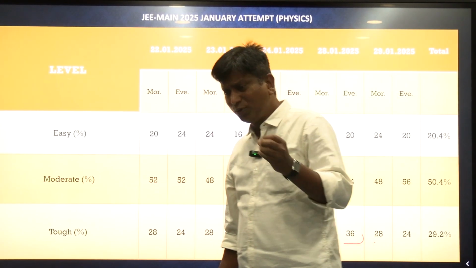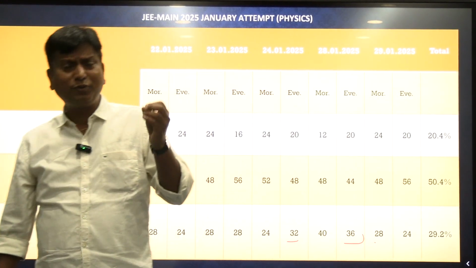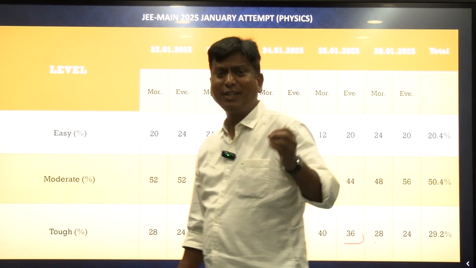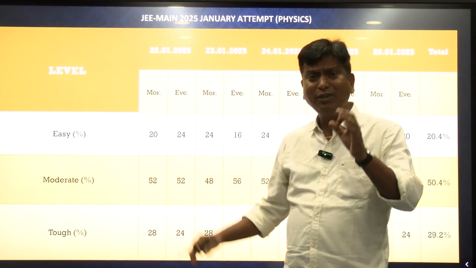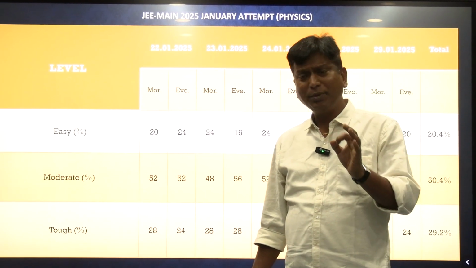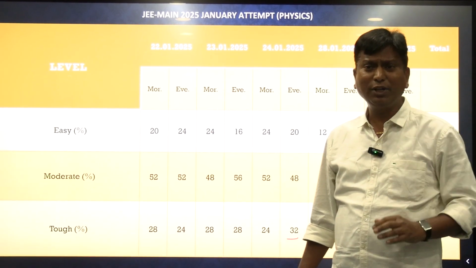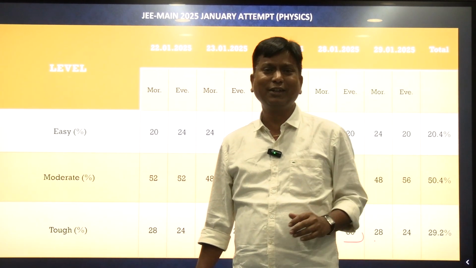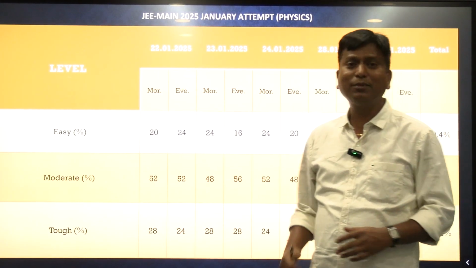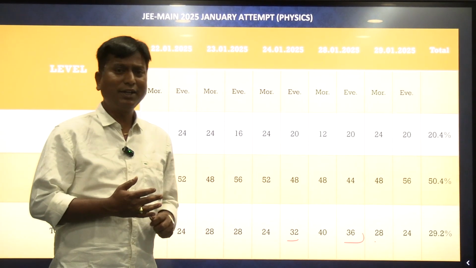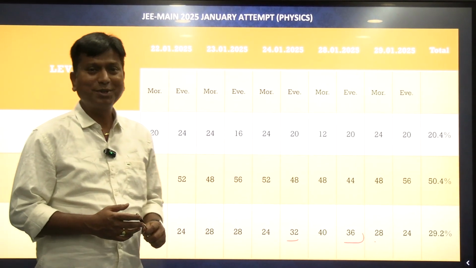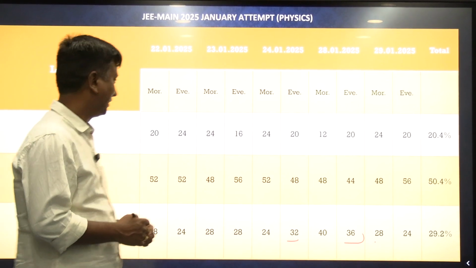So if you see these last 5 years' trend, and the same trend they have followed in 2025 also, always the physics paper is going to be easy to moderate only. It is always a scoring subject, unlike, of course, this time mathematics they made a little tougher, but that is definitely compensated by the physics. Okay, right. Next.